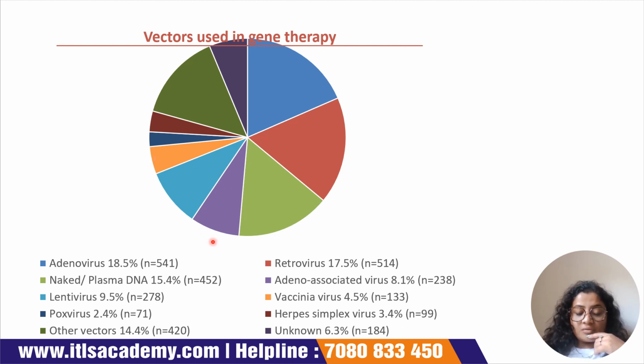Then we have herpes simplex virus, HSV, which accounts for 3.4%, again this deep shade of maroon. And we have unknown vectors also, which account for 6.3%. I think it goes for this shade of blue.